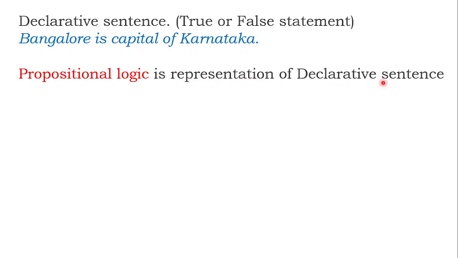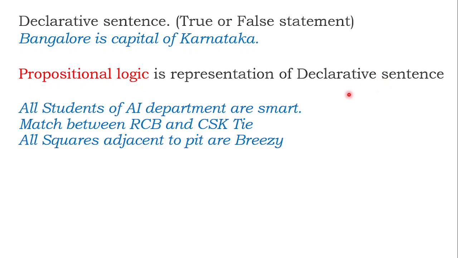only declarative sentences. Sir, what about these sentences? All students of A department are smart. Match between RCB and CSK tie. All squares adjacent to pit are breezy. I don't think it is a true or false statement.